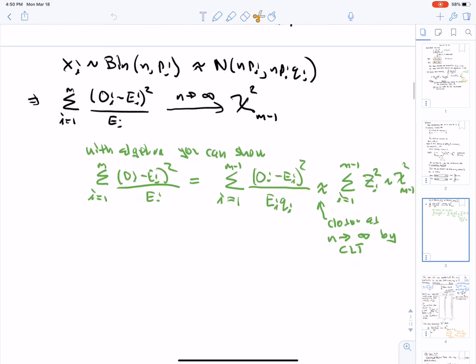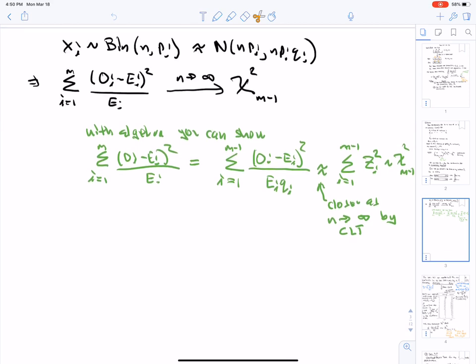And so I've written that below here, to go from m dependent terms to m minus 1 independent standard normals. The cost of doing that introduces a qi in the denominator. It's a little arduous to show that algebraically, but hopefully you believe that based on the m is 2 case.